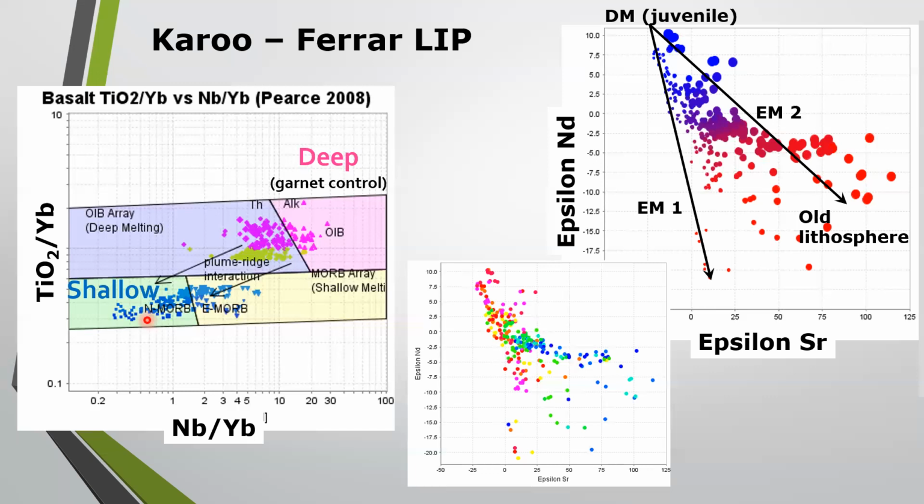Then coming across onto the right-hand side, we start to bring in isotope signatures, in this case an epsilon strontium versus epsilon neodymium plot. This is just Karoo and Farrar. There's a depleted juvenile component, and we color that from blue to red according to the distance away from that intersection point. So you can see it goes from blue up here through to redder and redder.